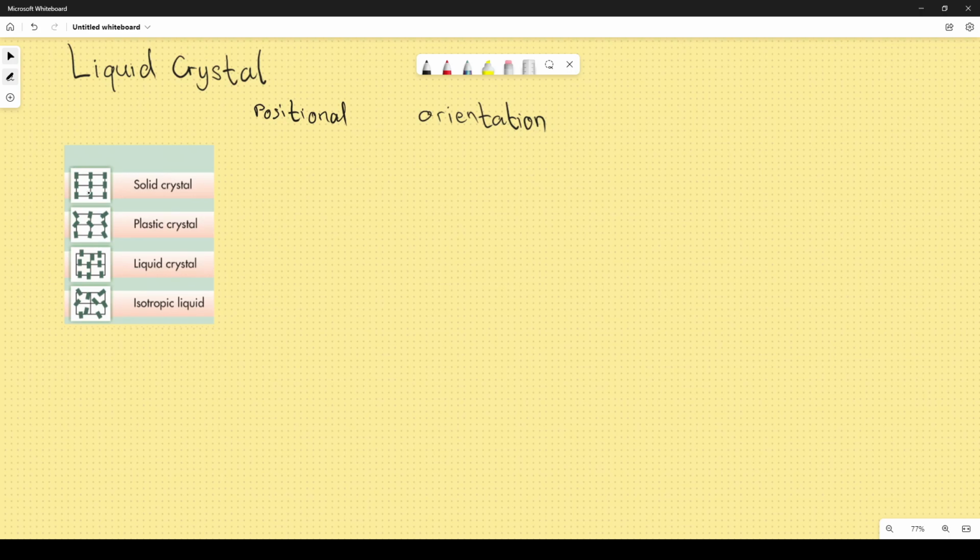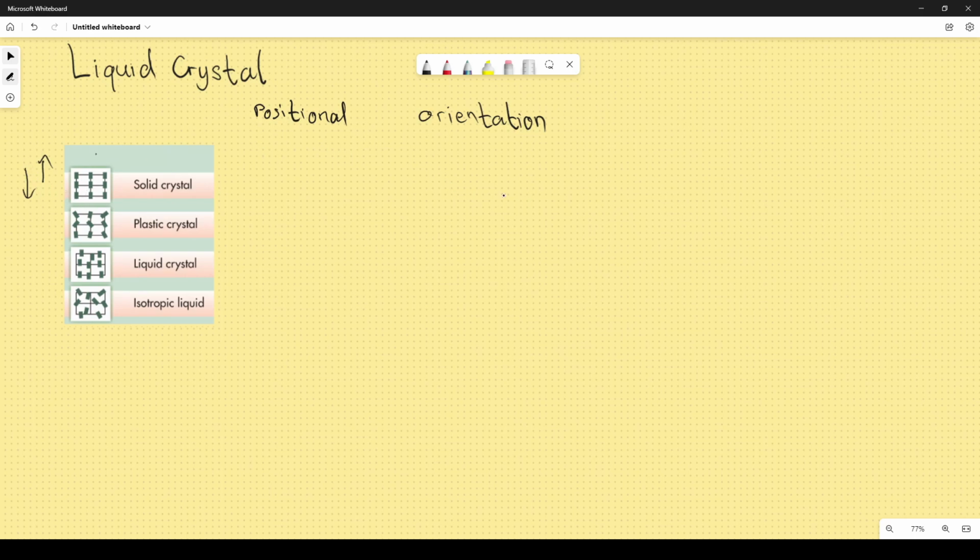Like I said earlier, the molecules in a crystal have both positional and orientational order. What that means is, if you look at the atoms over here, they are facing the same direction, whether you look over here or here. All of the atoms in a certain area of my material are facing the same direction.